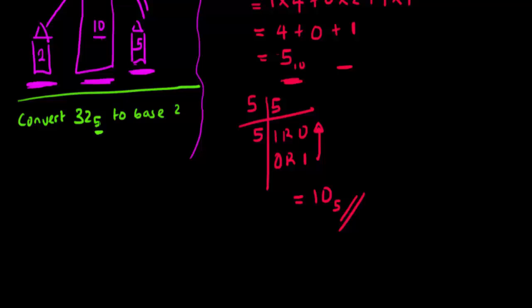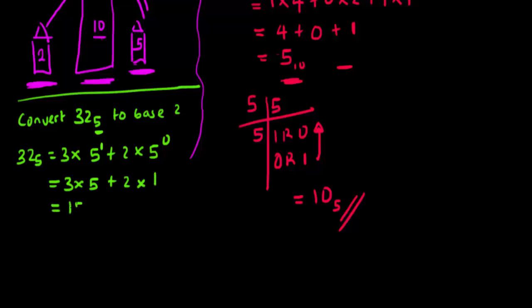And when you are converting from base 5 to the natural base, it's a promotion, so you multiply. So 32 in base 5 is the same thing as 3 times 5 plus 2 times 5. Don't forget to rank 0, 1.